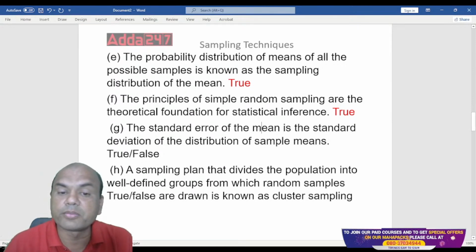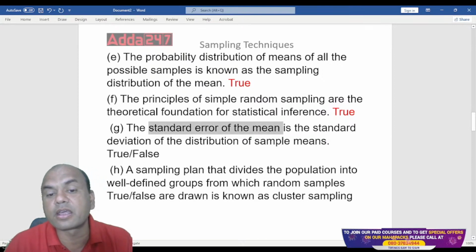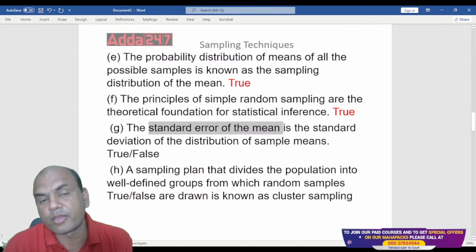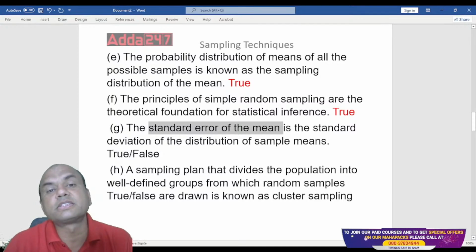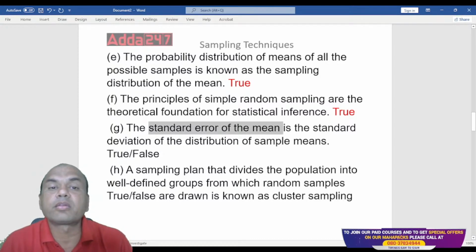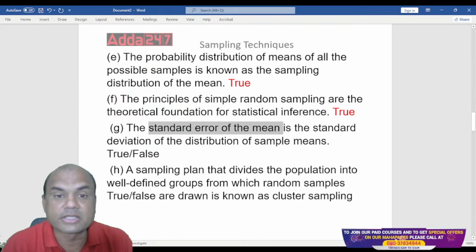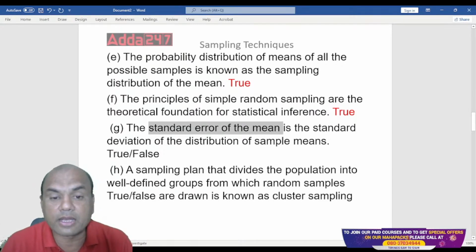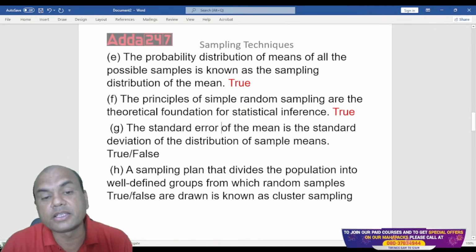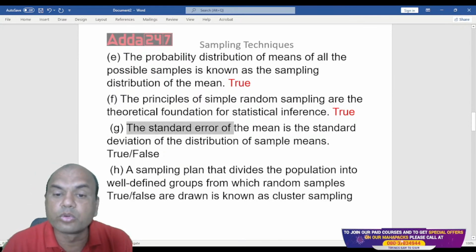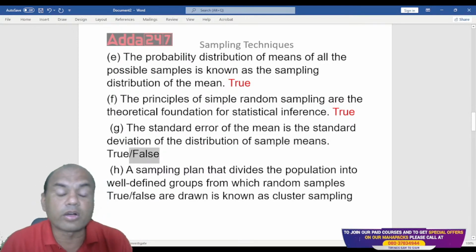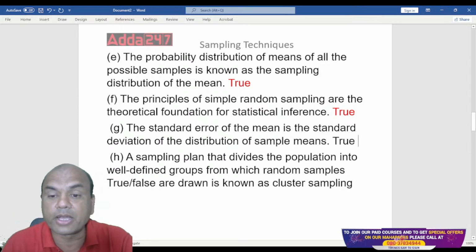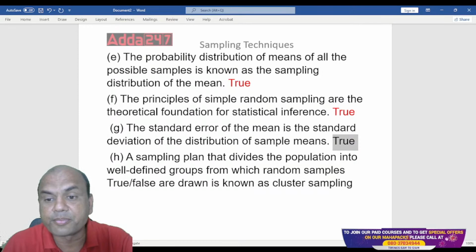Standard error relates to samples. So this is again true. These are all information points for you. In the exam, you might get such questions. True.